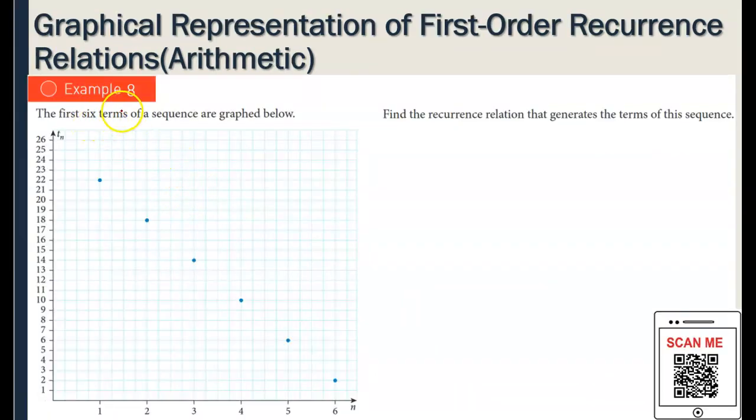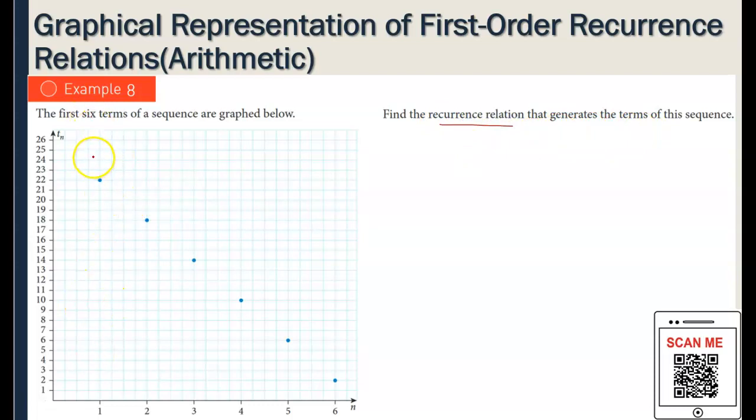Now let's look at how to solve example 8. We are given a diagram, and it looks like a linear form, so you know you are going for arithmetic progression. When it's going downward, it's arithmetic decay. The question wants you to find the recurrence relation to generate the terms of the sequence. Let's look at the first point.